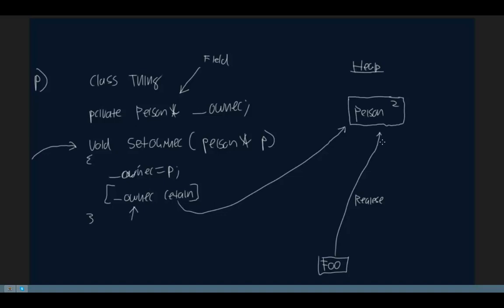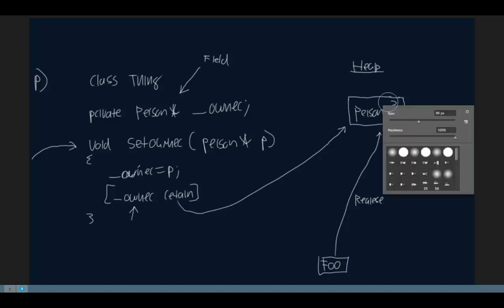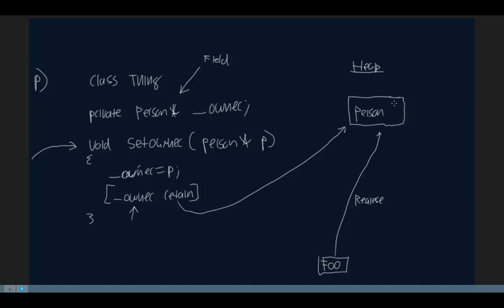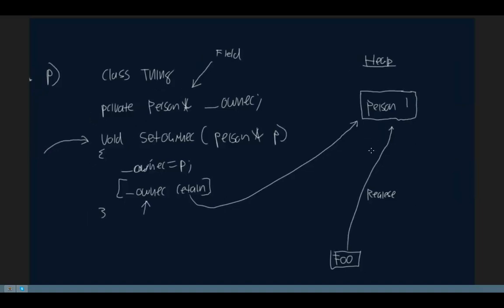Well, now when foo releases person, the reference count is set back to 1. The reason it's set back to 1 is because there's that 2. Now it gets decremented. But because it's now at 1 after foo released person, it's still in memory and doesn't get destroyed. Which is what we want. Because until this object is destroyed, we want to retain a reference count to the owner field that we assigned it to.